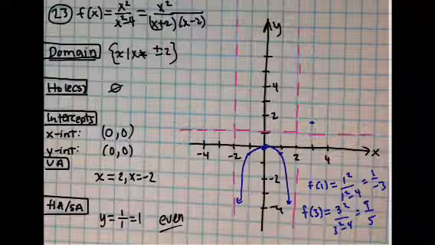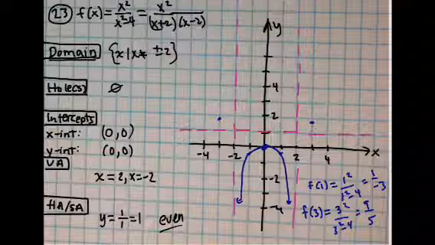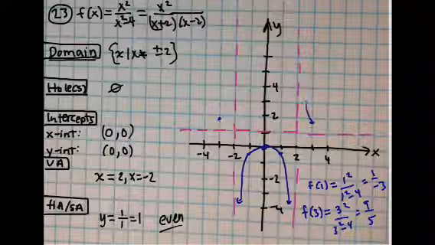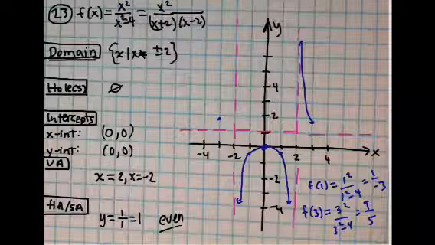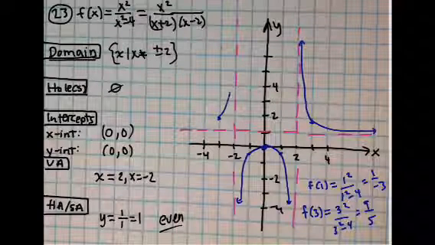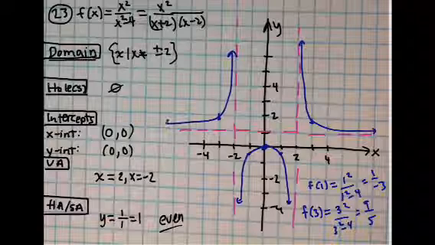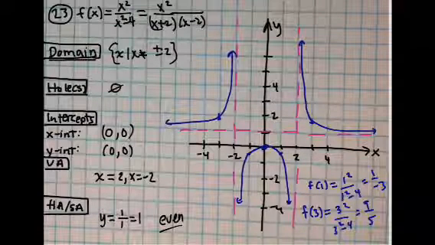And I know that negative 3 is also going to be 1 4/5, right there. So with that point, that's all we really need. We use that point to draw your curve. You go towards the asymptote, go towards the asymptote. Same thing over here, towards the asymptote, and towards the horizontal asymptote like that. And that's the graph for number 23.